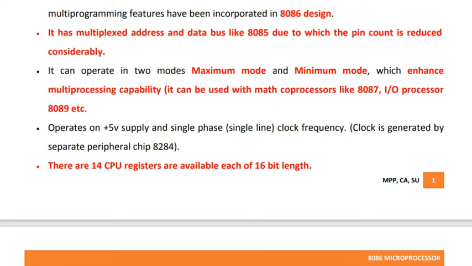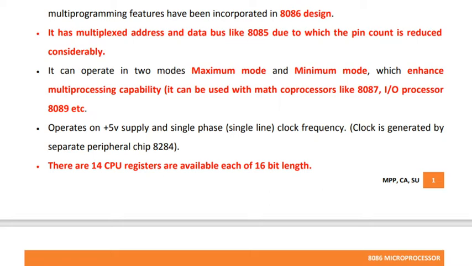In multiprocessor mode or maximum mode, Intel 8086 microprocessor works in harmony with other co-processors like 8087, 8089 in order to perform purpose-specific operations. This is performed in order to enhance multiprocessing capability of Intel 8086 microprocessor.